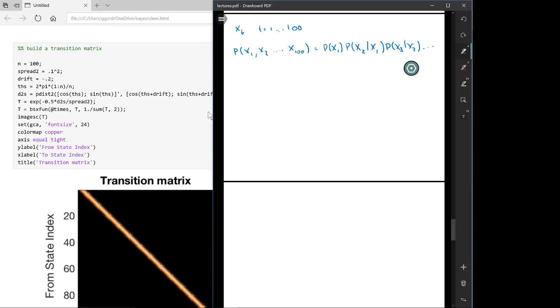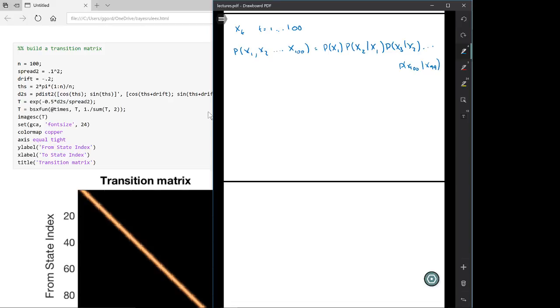So we always multiply in the conditional probability of xt plus 1 given xt until we get up to p of x100 given x99. Okay. This particular type of factorization shows up a lot, and it's called a hidden Markov model. You don't need to know that. All you need to do is work with this particular factorization.